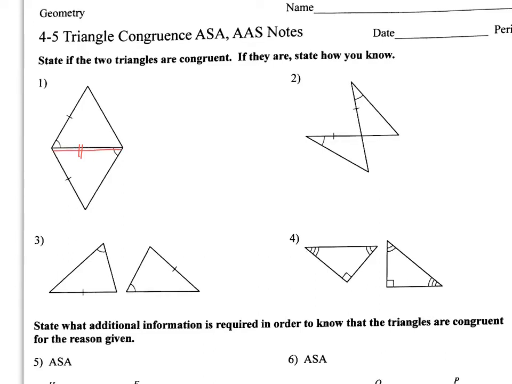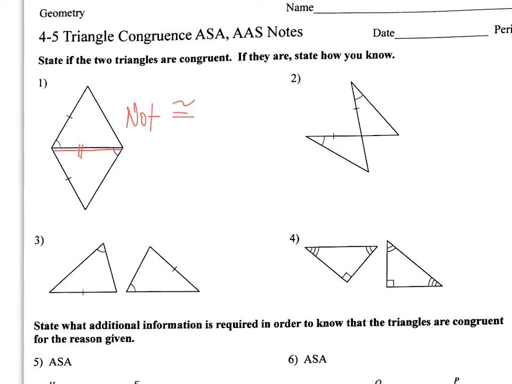Now, if I look at that, in the top triangle I have side, angle, side. But in the bottom triangle I have side, side, angle. Those do not match up. And it's not one of the reasons that we have listed, so we would say not congruent.